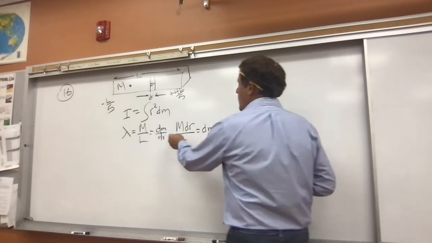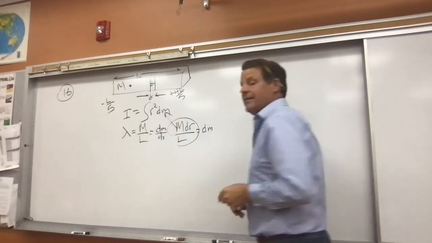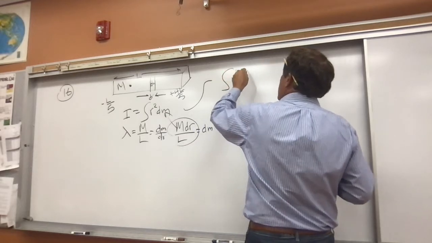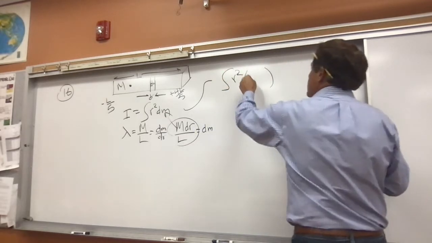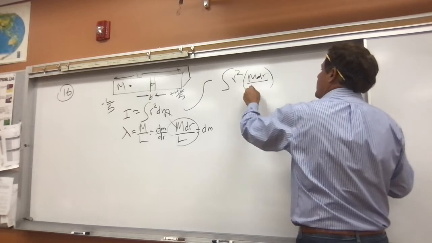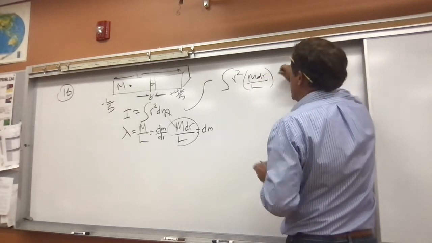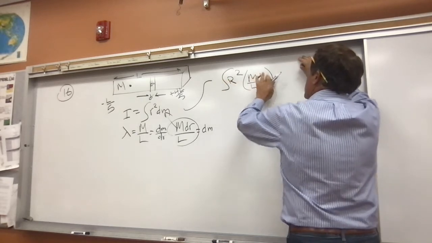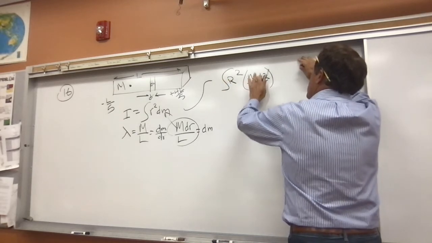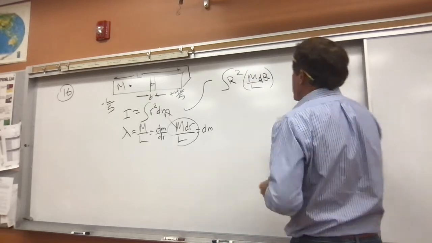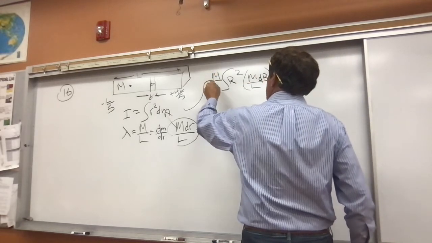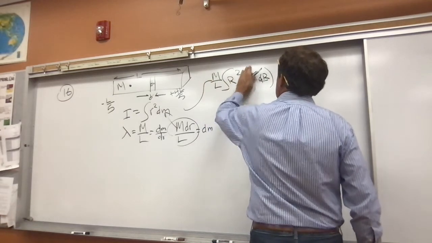So now we can take this and replace it there. Now we're going to get the integral of r squared times M dr over L. Let's make our r's a little bit better here. This is a dr. Now mass over length are going to be constants, so they're going to go to the outside.